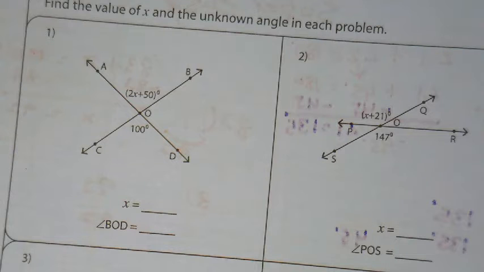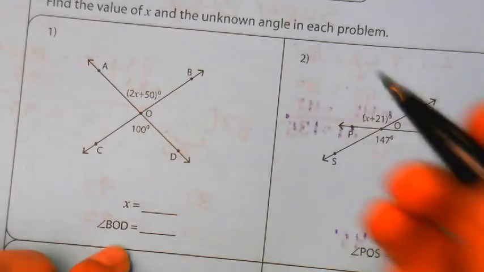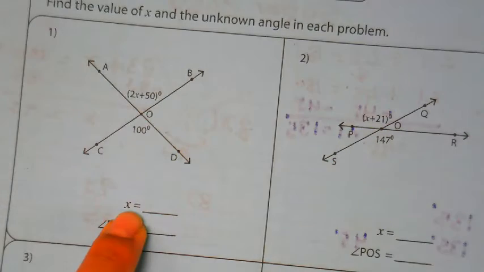Okay, what are these two angles to each other? Vertical. They're vertical angles. What do we know about vertical angles? They're the same degrees. So these two are equal to each other, right? So, BOD. Okay, so the first thing they want me to do is find x, right?